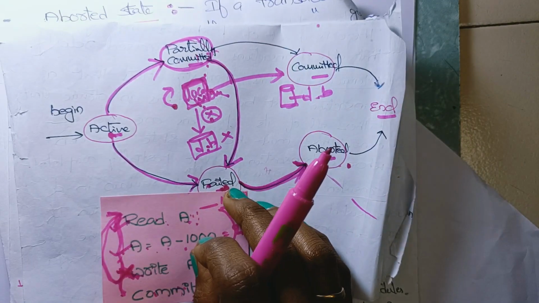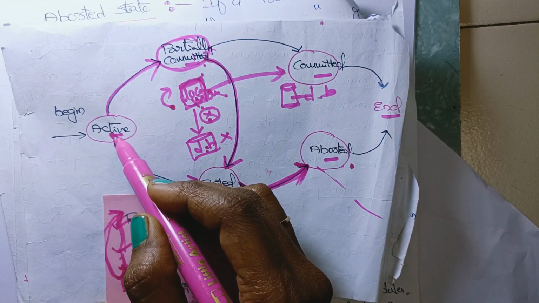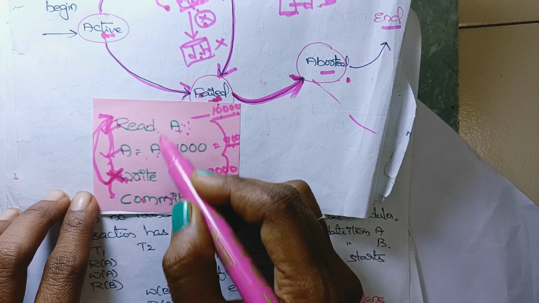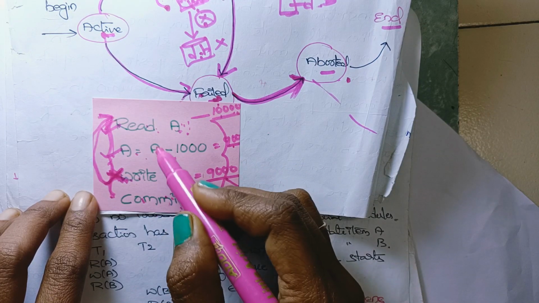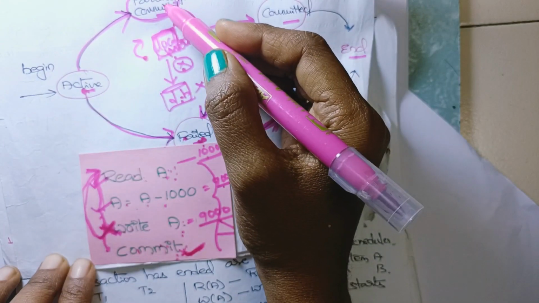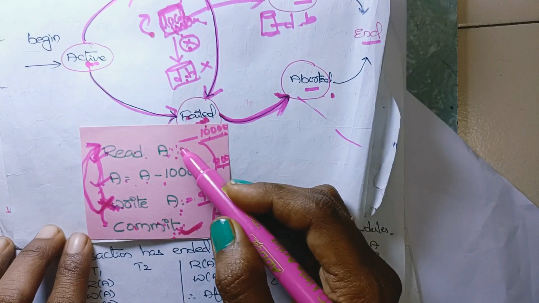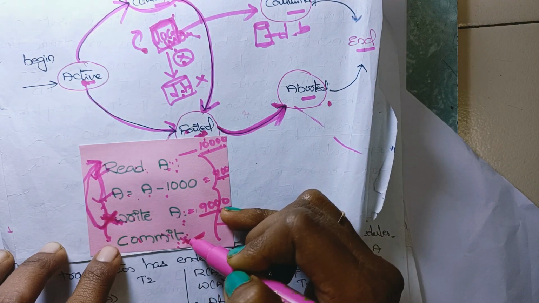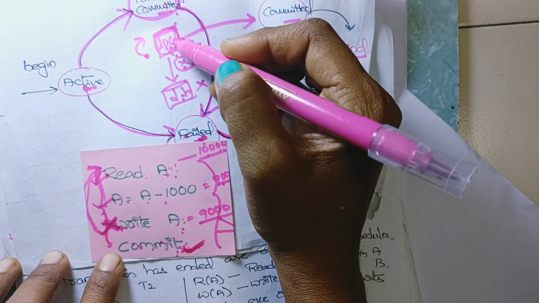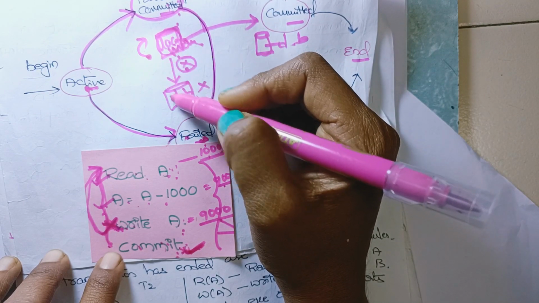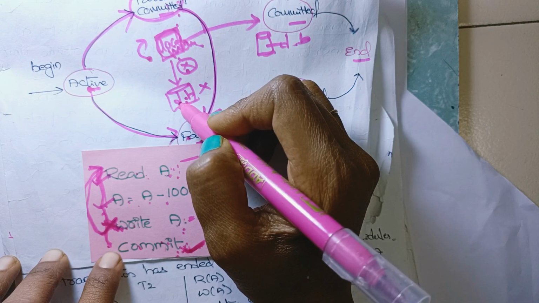This is nothing but the transaction diagram. Active state means whatever operations it is executing till the commit, the transaction is in active state only. Partially committed: after the completion of all its operations, the changes are made in the local memory, and then it needs to make the changes in the database from the local memory.